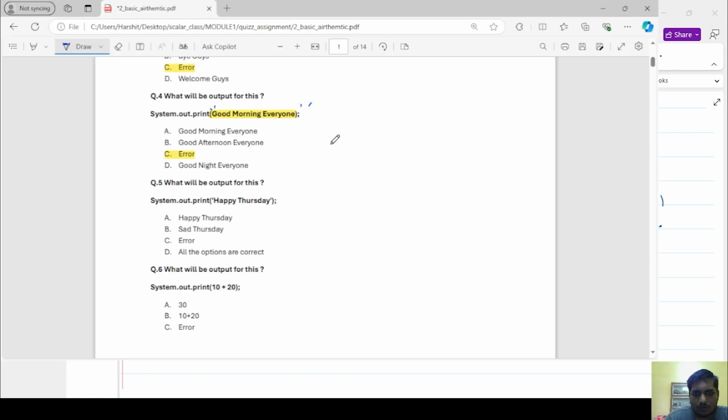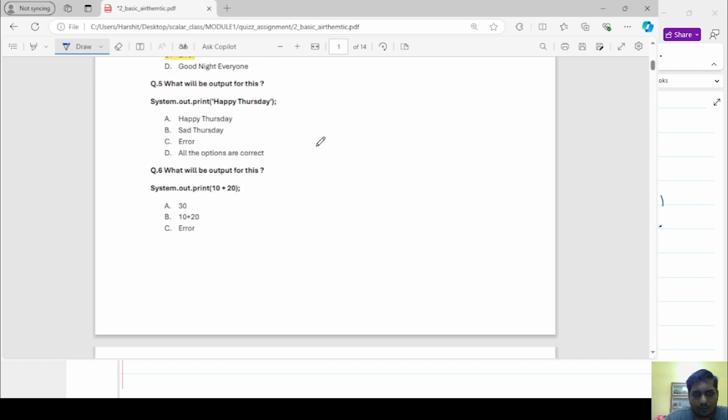Now we'll go for quiz 5. What will be the output of this? See the statement. Here quiz 5 is also an error. Why? A single character is written in single quote, but there are multiple characters, meaning a string or a sentence, which will be written in double quote.